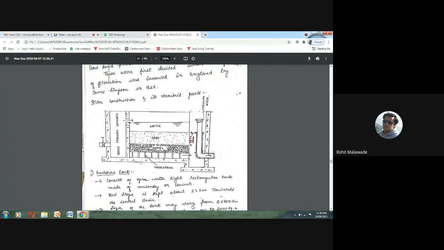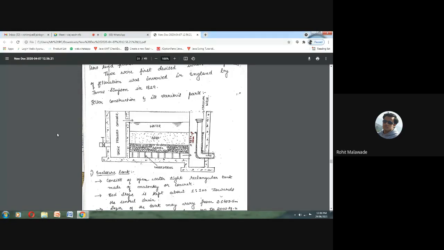Water is going to enter, then pass through the sand layer, and the finer suspended particles are going to be arrested at the top layer. Then the water is going to pass and be collected through the under drains, and we are going to get clearer water from the under drainage. We are going to get the clear water supply.